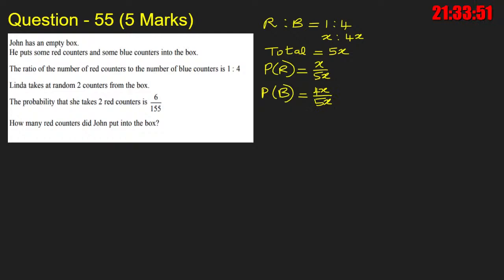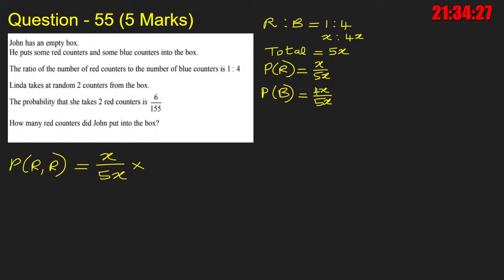Here we need to understand that Linda is taking 2 counters from the box, meaning she takes one after the other. For 2 red counters, the probability of red, red: if she takes 1 red, it's x over 5x, times, because in a tree diagram events next to each other are independent, you need to multiply.